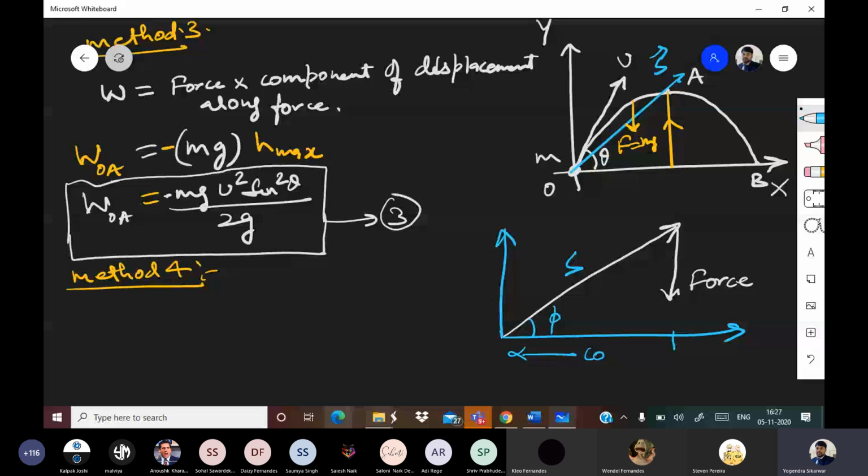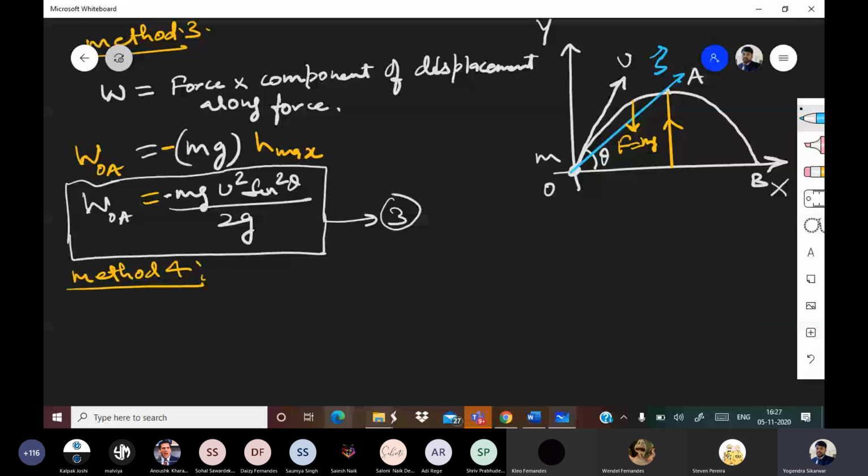Now the next method is, so first of all, let me draw the diagram again.